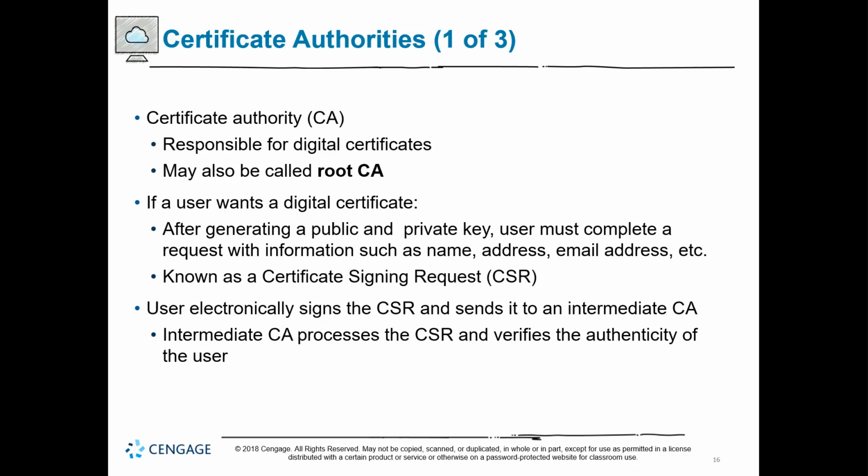So let me grab my pen. So here's the top. Here's the intermediate. Here's another intermediate. Here's another intermediate. And here's another intermediate. Well, we deal with the guys that are down here. They can act on behalf of the root, but we don't get to interact directly with the root.